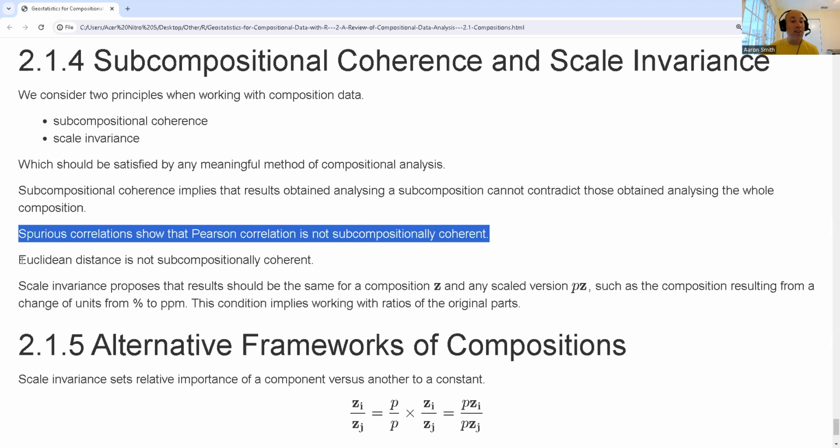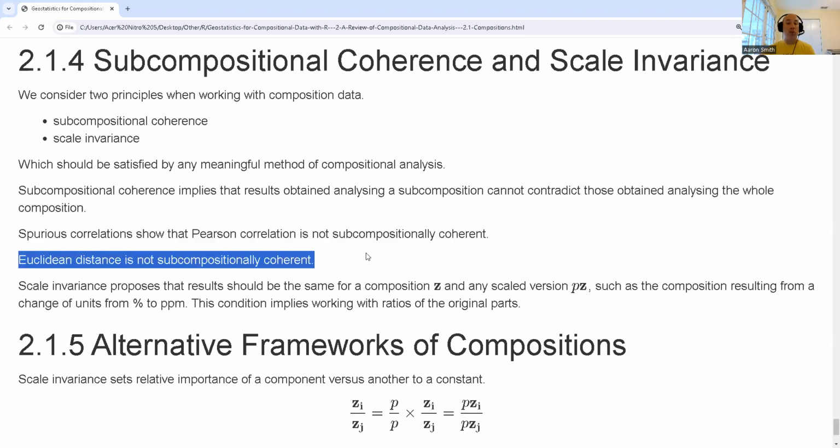Also, Euclidean distance is not subcompositionally coherent. All right, this is a big deal because Pearson correlation and Euclidean distance are the most basic fundamental tools that we have in analysis, and they're not coherent. So we definitely need to proceed with caution as we start digging in.